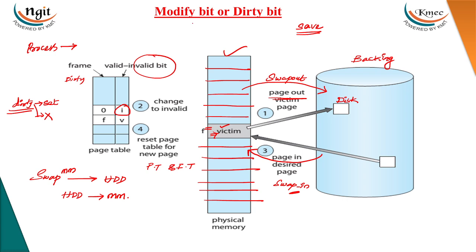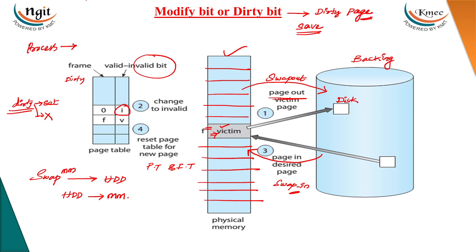So what is the importance of the dirty bit? The dirty bit says whether the contents of the page are modified or not. If the contents are modified, we consider that page a dirty page. For all dirty pages, before swapping out, we need to store the modifications into disk. Then we swap out, and then the new page will be swapped in.